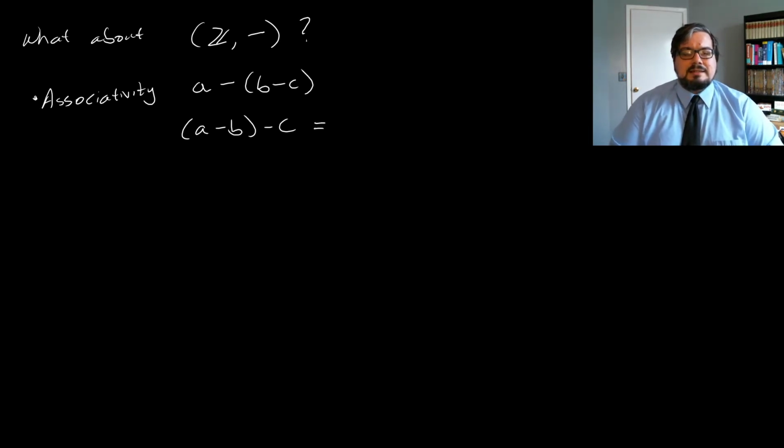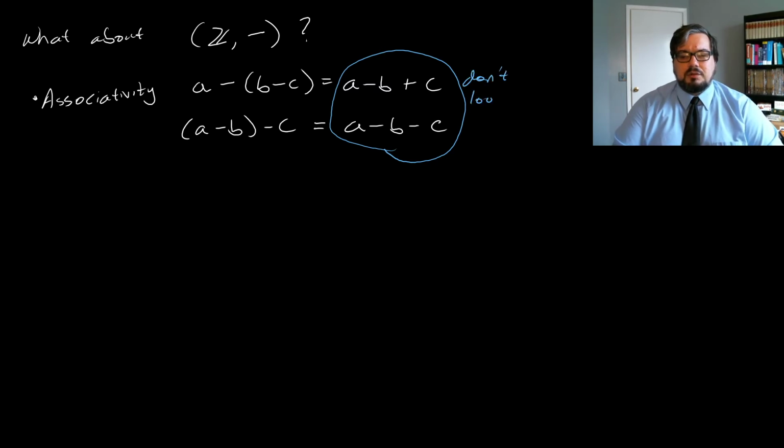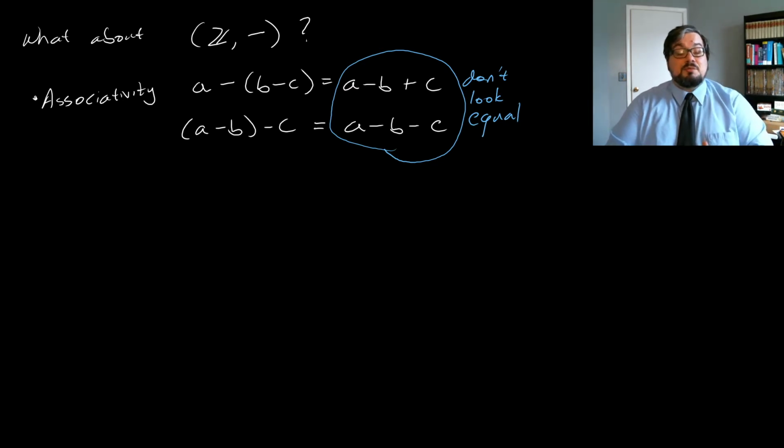Well, if you simplify these things down to where you don't need parentheses anymore, you'll see that the first one just becomes a - b - c, reading left to right. And on the other, we have to distribute the negative through, so we get a - b + c. So it looks like these two expressions right here are not equal. So it looks like the operation of subtraction isn't associative.